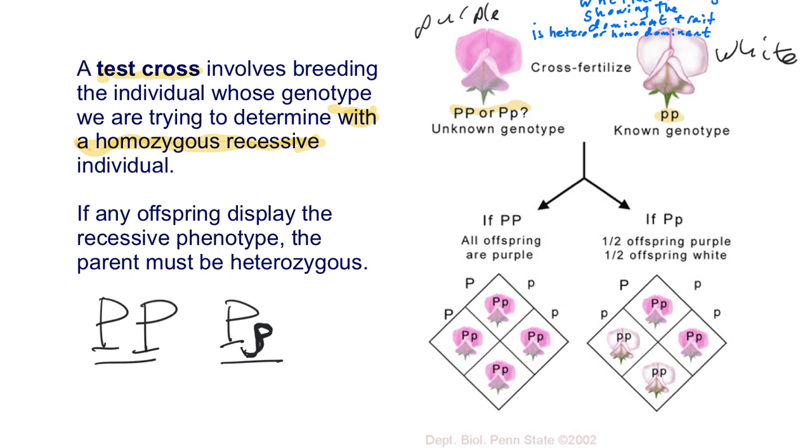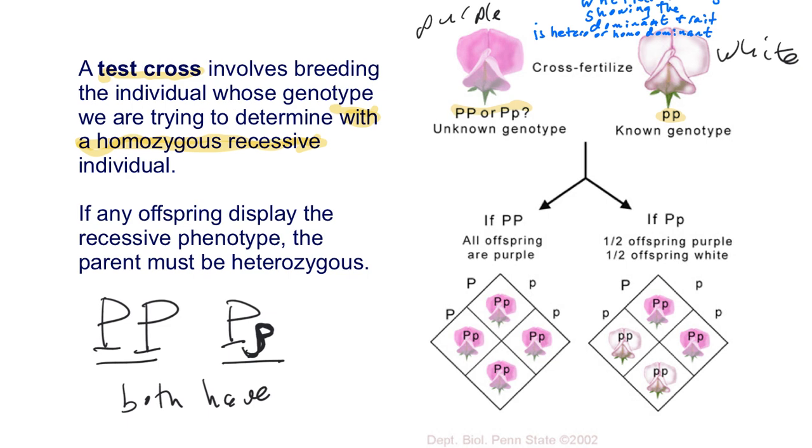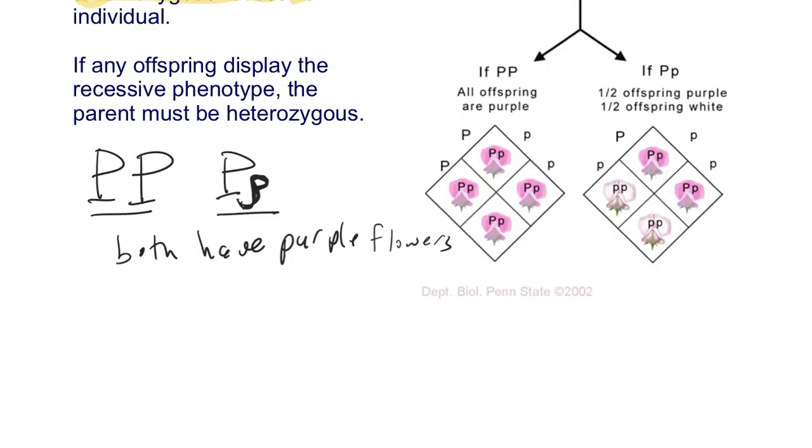No. Both the heterozygous and the homozygous dominant have purple flowers. So, how would Mendel be able to tell the difference between these? Or how would you be able to tell whether one is purebred or one is a hybrid? Well, you do what is called a test cross.